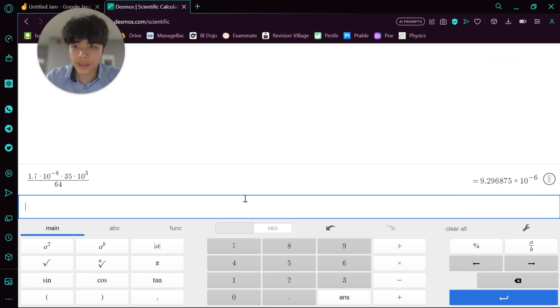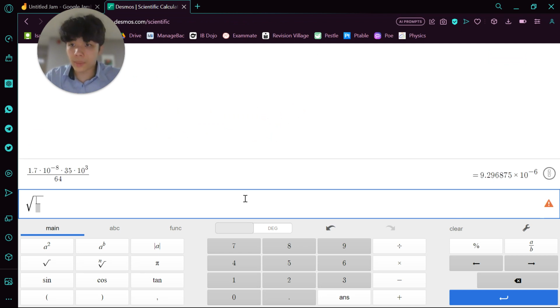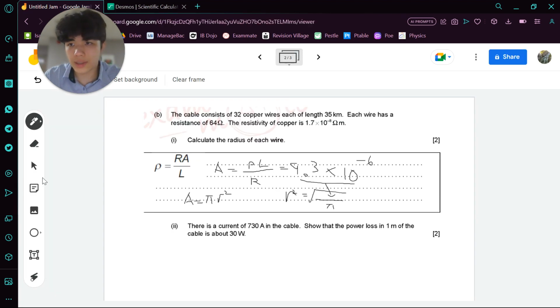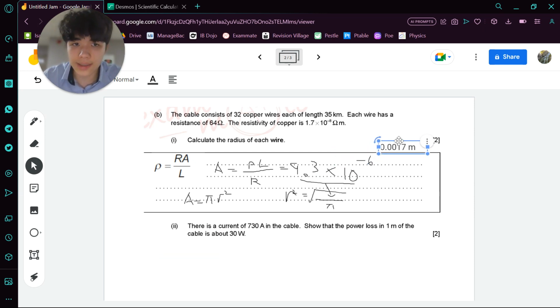So we have the square root of our previous answer divided by pi, which is equal to 0.0017 meters, two significant figures, since that is what is given to us. You can write this in other forms as well, but I just prefer to keep it this way.